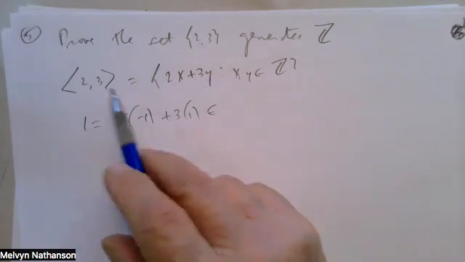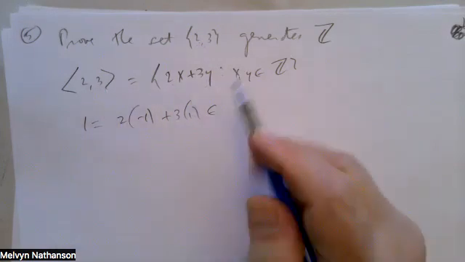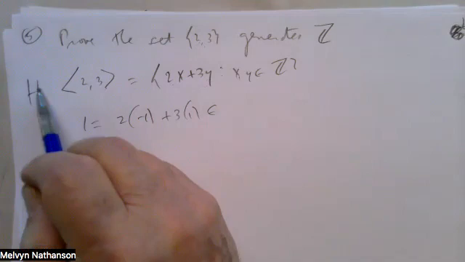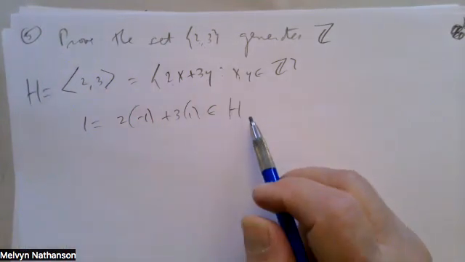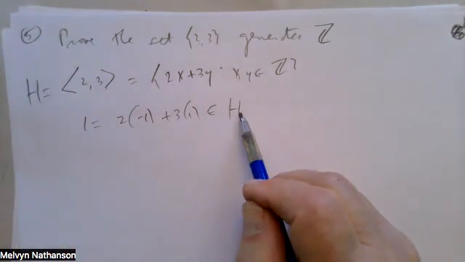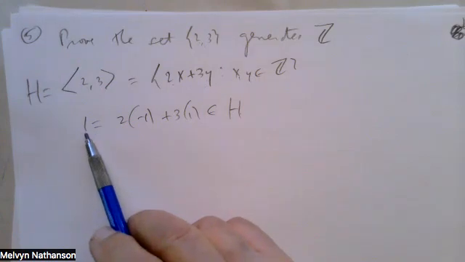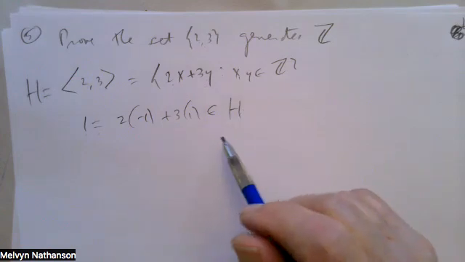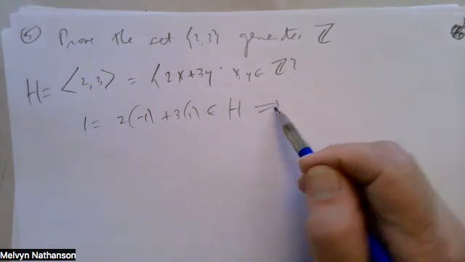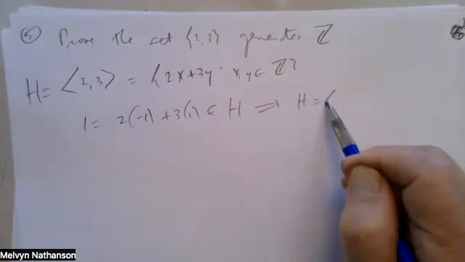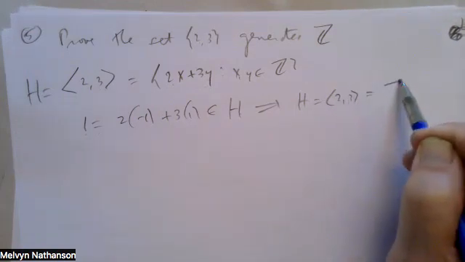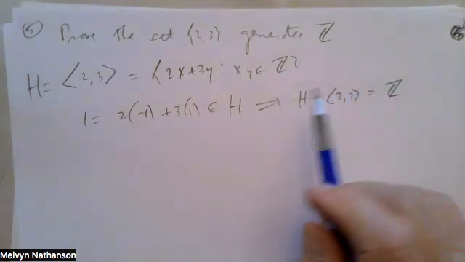So this 1 is in this subgroup. Let's call this H. So 1 is in H, but H is closed under addition, so all multiples of 1 and their inverses, all multiples of minus 1, are in H. So this subgroup H generated by 2 and 3 has to equal the whole group.